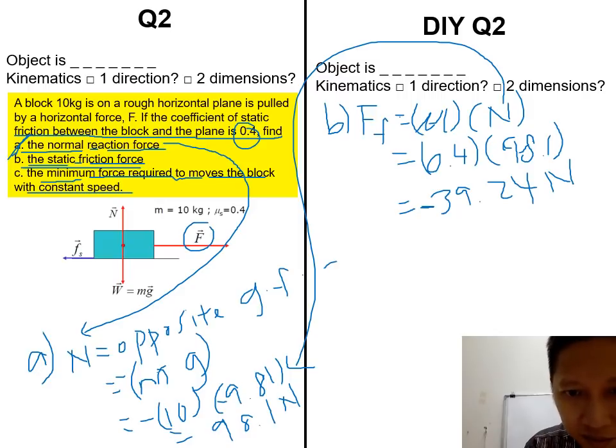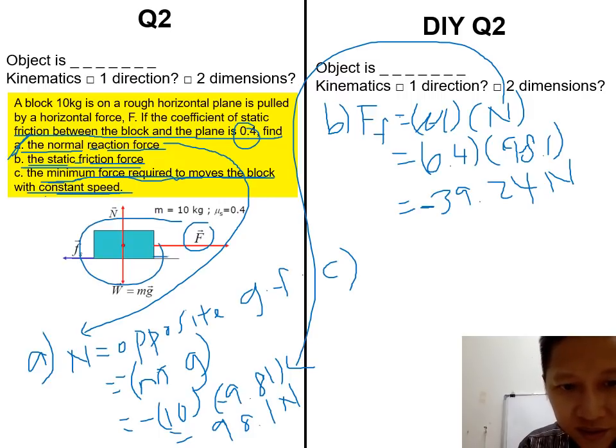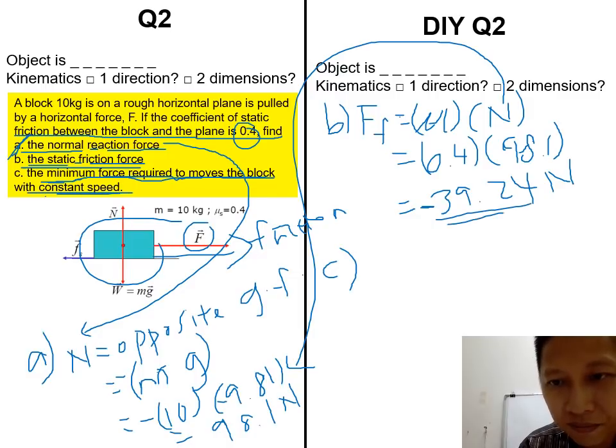C, the minimum force required to move the block with a constant speed. To move the block is to go against the friction. How much is the friction? The friction is 39.24.